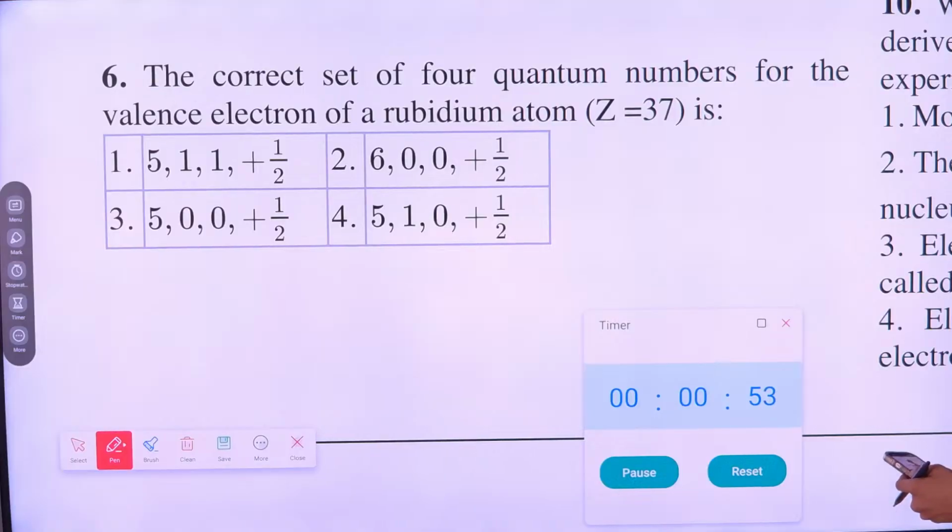The correct set of 4 quantum numbers for the valence electrons of a rubidium atom, Z equal to 37, is, tell me. Z is equal to 37.